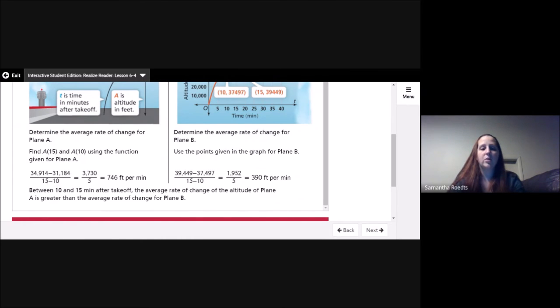So I subtract those two, divided by 15 minus 10, which gives me 3,730 over 5, or about 746 feet per minute. And then I do the same thing with the 2 points that I'm given for plane B, which gives me 390 feet per minute. So between 10 and 15 minutes after takeoff, the average rate of change of the altitude of plane A is greater than the average rate of change of plane B.